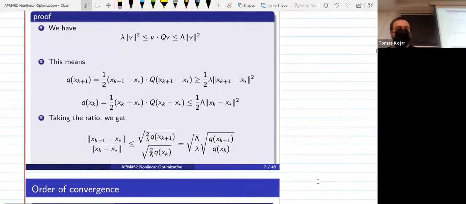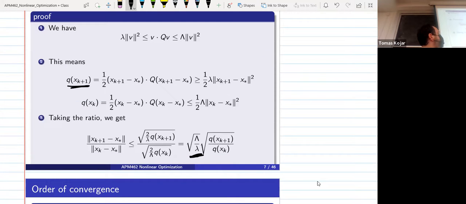So this guy, you have an upper bound in terms of q x_{k+1}. And the other guy, you have a lower bound, so it becomes an upper bound when you take the reciprocal. All right, and so you get the ratio of eigenvalues as requested.